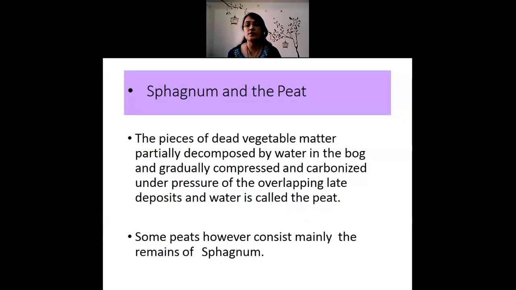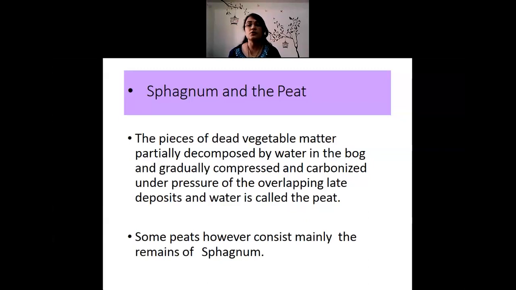It is pieces of dead vegetable matter, partially decomposed by water in the bog and gradually compressed and carbonized under pressure by the overlapping deposits of these plant materials and water, which decompose and form into a pack called peat. It is obtained from the decomposition and deposition of sphagnum moss.